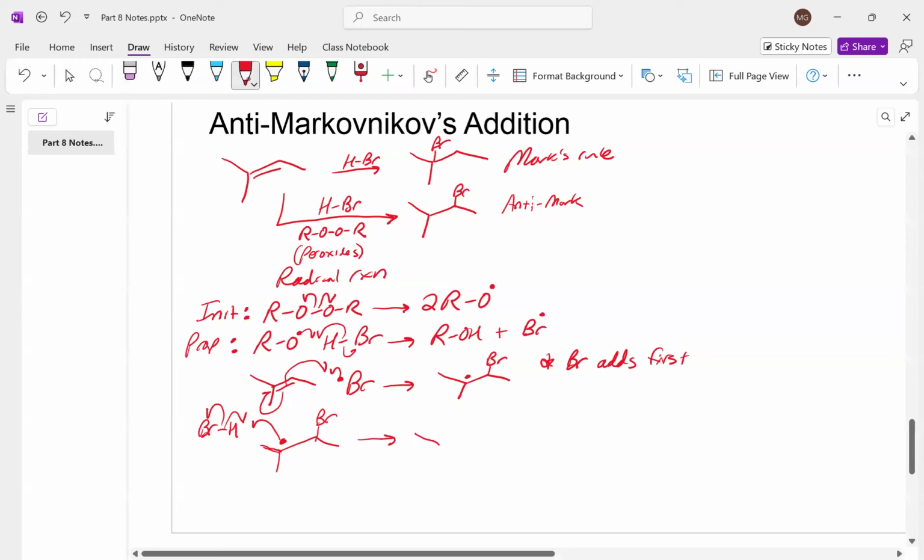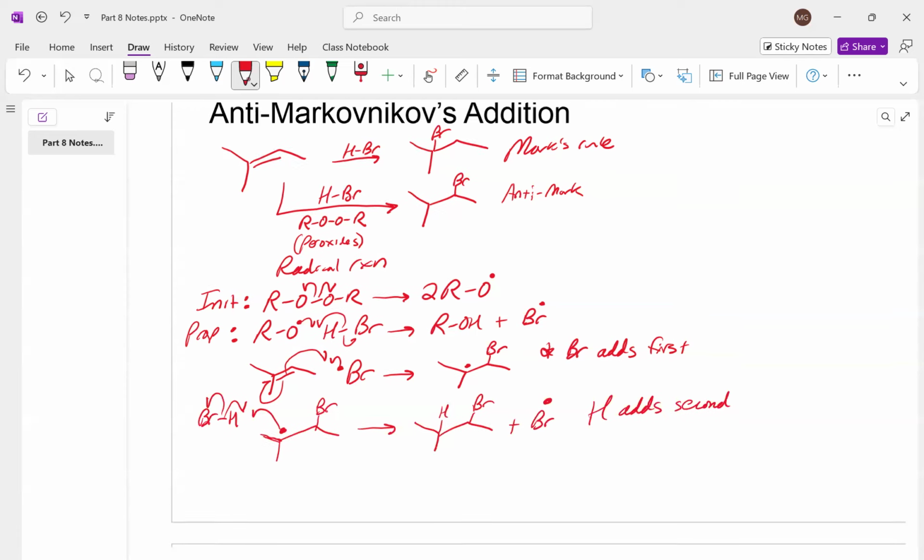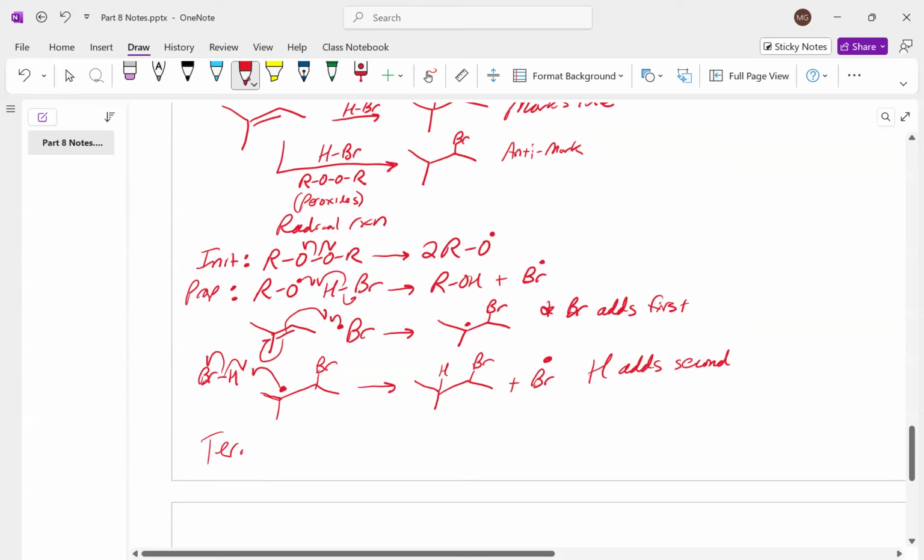And so now you'll see that the hydrogen here adds second. And then finally with the termination step, just pick two radicals and put them together.